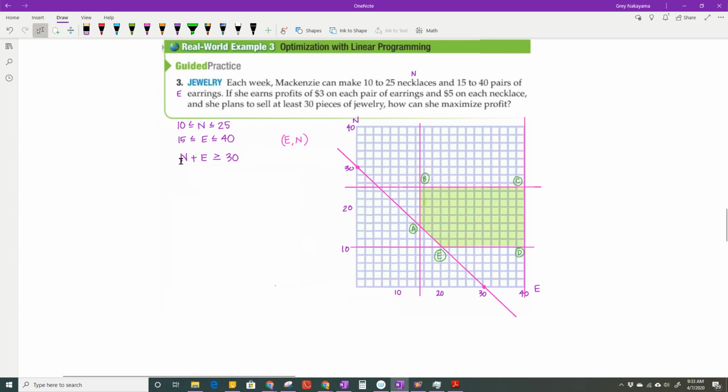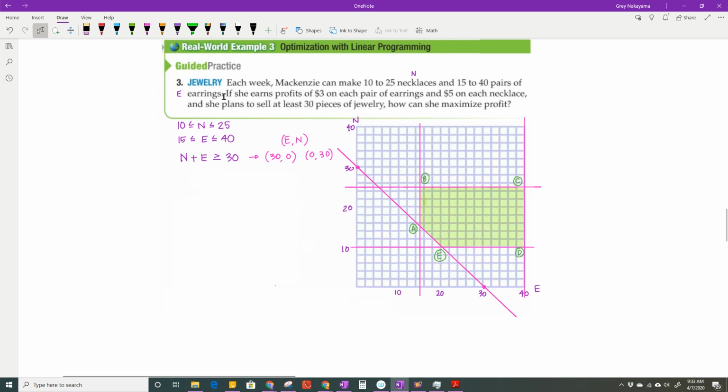Okay, and then to graph this, it's in standard form, which means the easiest way to graph it is to find your intercepts, not to deal with the slope. So my intercepts are 30, 0, and 0, 30. So I plotted both of those. And we plug in 0, 0. 0, 0 is not greater than 30. So that means I'm shading on this side of the line, which is why this becomes my feasible region.